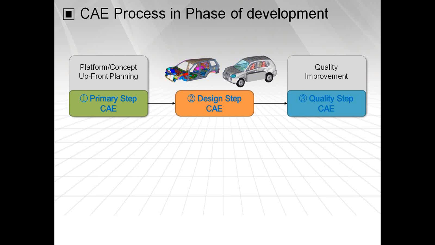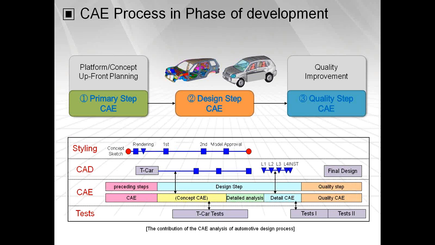The second phase is during the design step. In this phase, the CAE is used to interact with the designers and to have fast verification of local design of the parts and the components. And finally, you have the last step of the CAE, which is the quality improvement and the safety control, and also norm verifications.